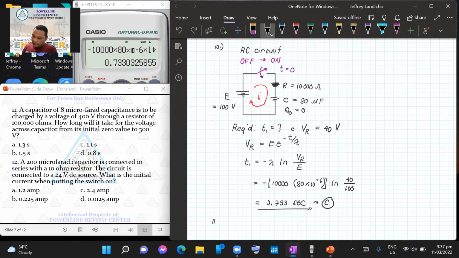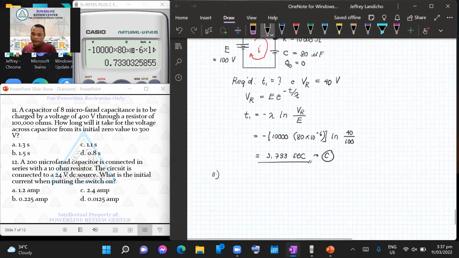So for problem number 11, a capacitor of 8 microfarad capacitance is to be charged by a voltage of 400 volts through a resistor of 100,000 ohms. How long will it take for the voltage across the capacitor from its initial zero value to 300 volts?